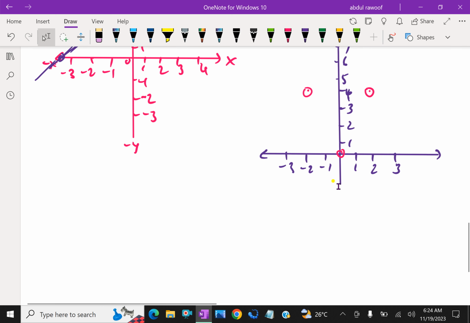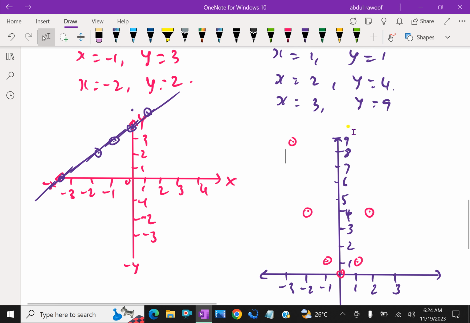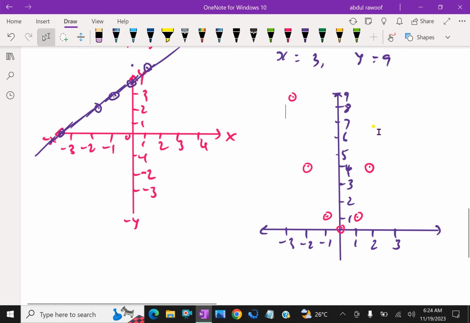X equals minus 3, y equals 9, and x equals plus 3, y is the same 9.